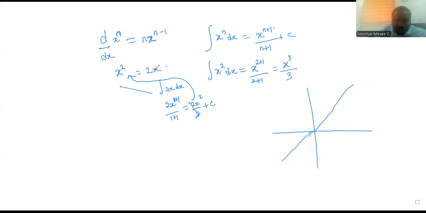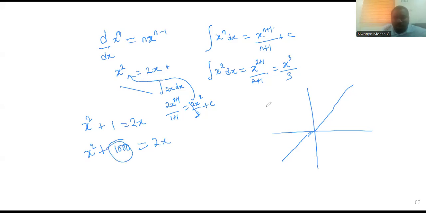If we have a constant here, let's say this is x squared plus 1, if we differentiate, we're going to get 2x. If this is x squared plus, let's say, 1 million, if we still differentiate this, we're still going to get 2x. But we don't know if there is a constant here.